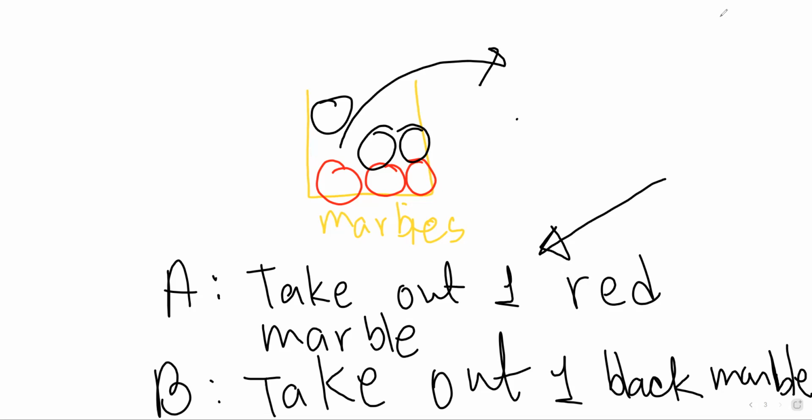So without replacement, the probability of both event A and B occurring, they are dependent on each other. Now, how does that work? Let's draw out a tree for that.